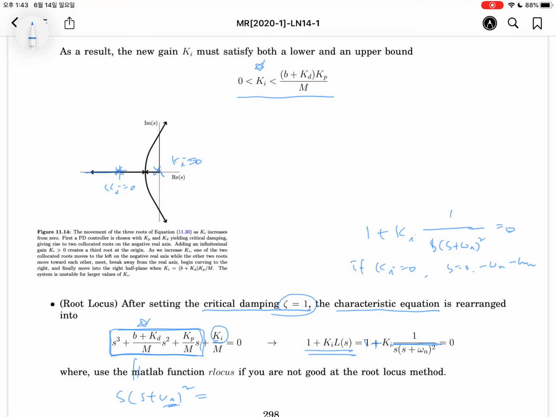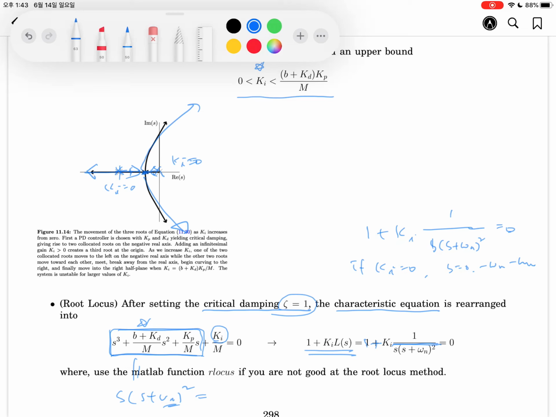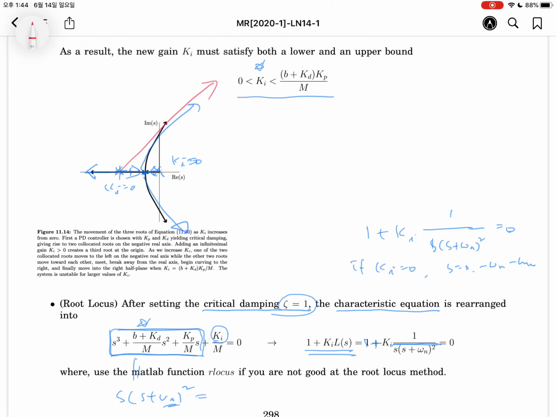One pole will go to the right, another pole will go to the left. After meeting here, they will diverge like this. The asymptotic angle will be 60 degrees, with the asymptotic lines from here and here and here. So we can write down the root-locus.